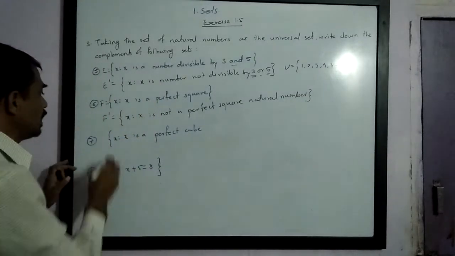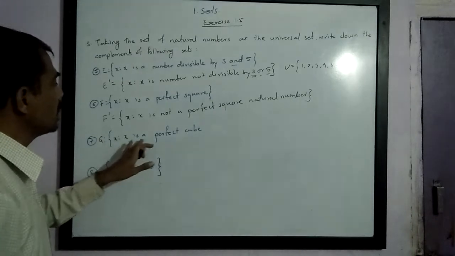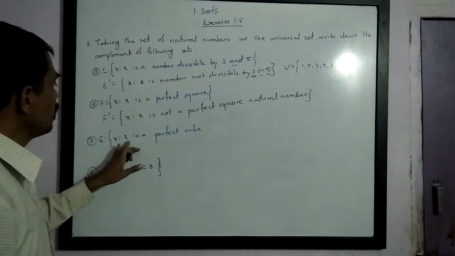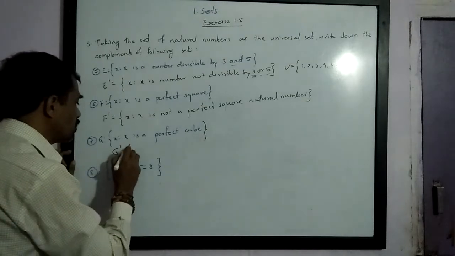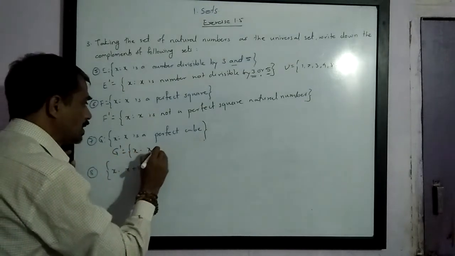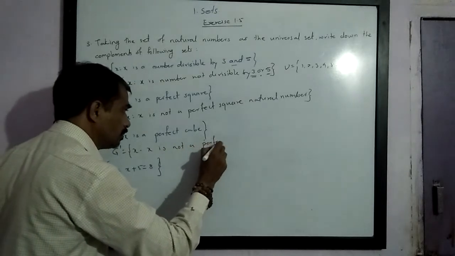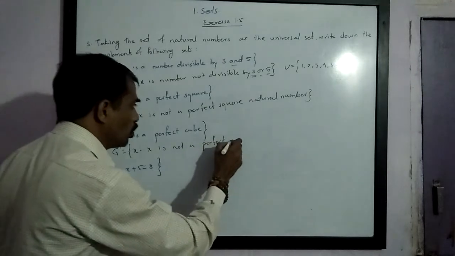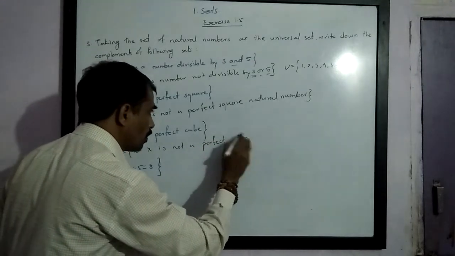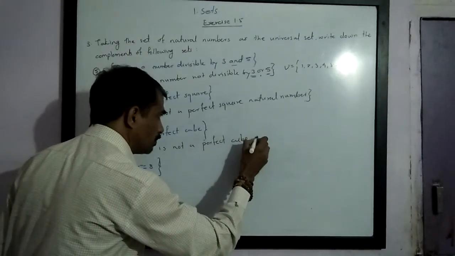Then let the given set be G. G is the set of x such that x is a perfect cube. It means G's complement is equal to the set of x such that x is not a perfect cube natural number.